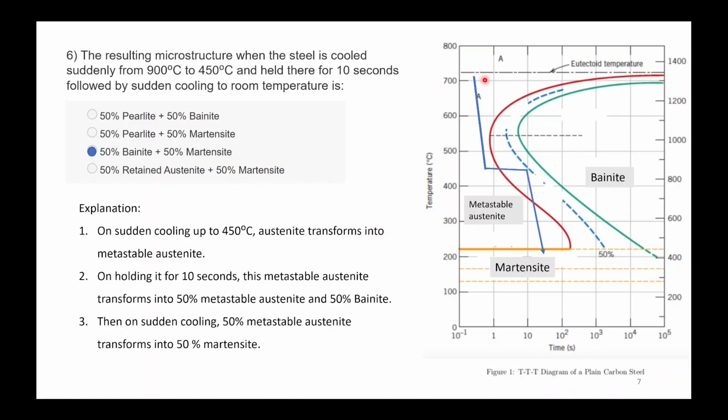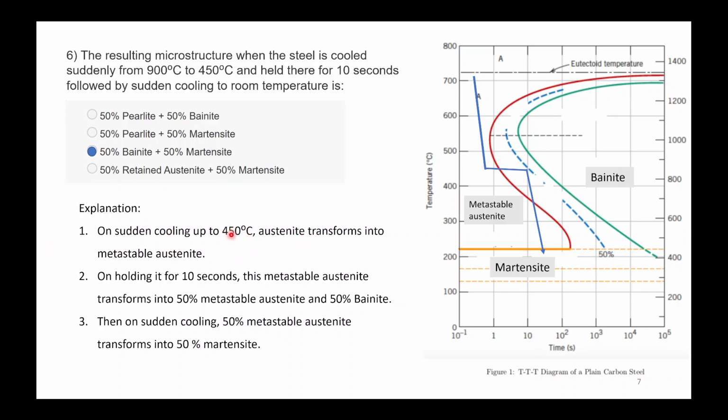This will be your cooling curve. So initially you're cooling up to 450 degrees Celsius, then in 10 seconds you are going up to only 50% of bainite transformation. Then the remaining metastable austenite will convert into martensite when you are suddenly cooling it. So these are the steps on sudden cooling.